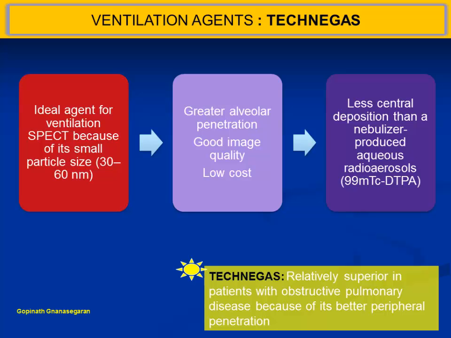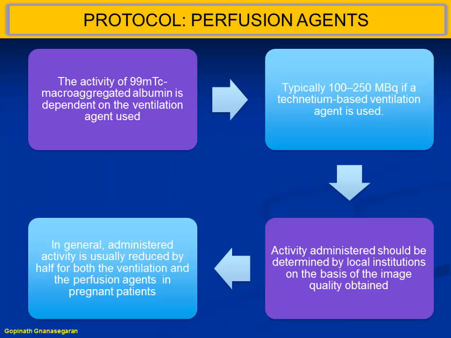But the EANM and even the Australians use quite a lot of Technegas, which they said is an ideal agent because the particle size is small, it has better alveolar penetration, therefore your image quality is better, and it's also low cost. It also causes less central deposition, especially in patients with COPD, where DTPA aerosol is a disaster. In fact, it causes quite a lot of problems and most of the scans become indeterminate or uninterpretable.